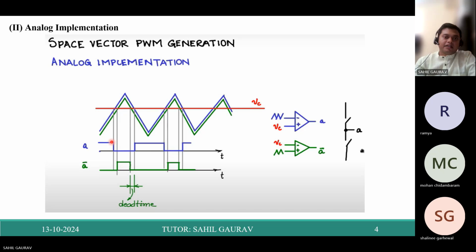You provide some shifting in the carrier signals, and based on this control signal you can get the pulses with dead time also, which protects the switches from short circuiting.